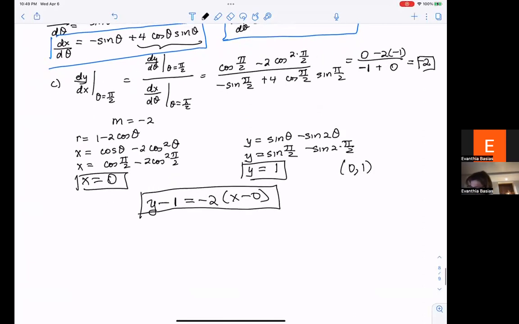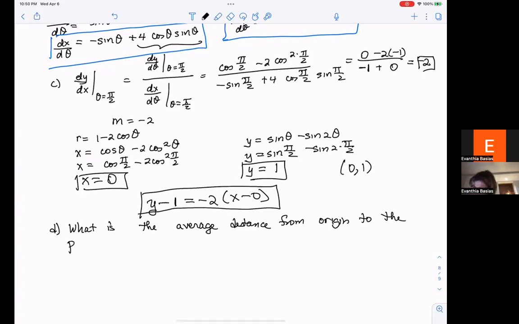What is the average distance from the origin to the point on the polar curve r equals 1 minus 2 cos theta on this interval from 0 to pi?